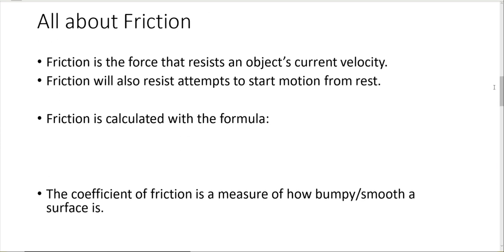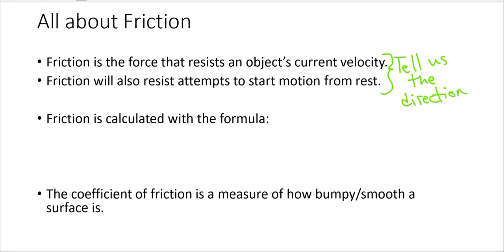So, all about friction. Friction is a force that resists an object's current velocity. And friction will also attempt to resist any attempts from motions that are starting from rest. What these two statements are really about is direction.